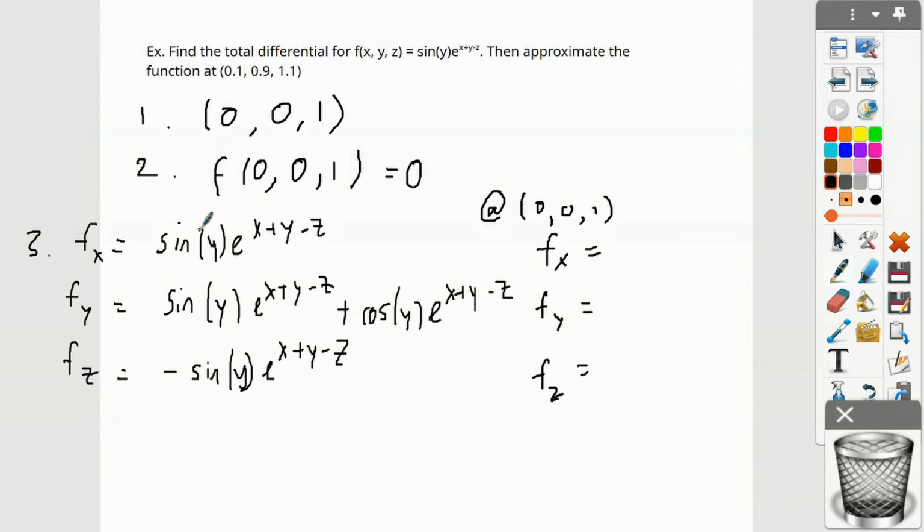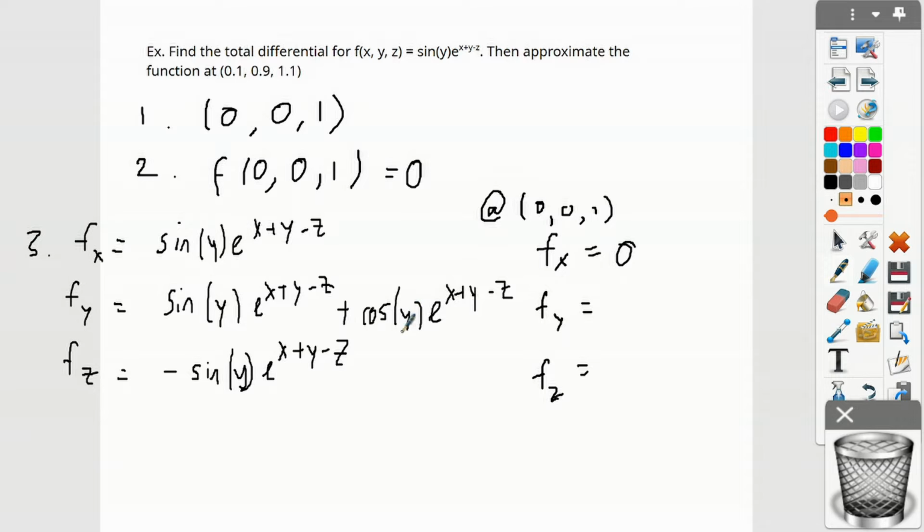So at (0, 0, 1), sine y e^x, that's the exact same thing, so it's 0, right? Whatever this is, sine y e^x plus y minus z plus cosine y. This is approximating the function. I'm not actually writing the differential yet. So at (0, 0, 1), this is 0.